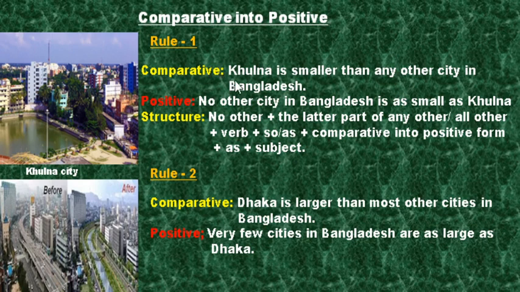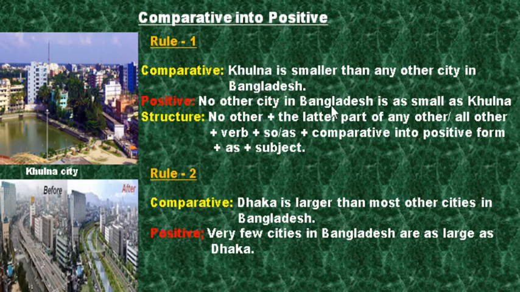The sentence here is Khulna is smaller than any other city in Bangladesh. Here there is nothing special, it's a normal sentence, so you have to use no other city. At first you have to use no other, then the later part of any other, all other. So first use no other. No other city in Bangladesh is as small as Khulna.